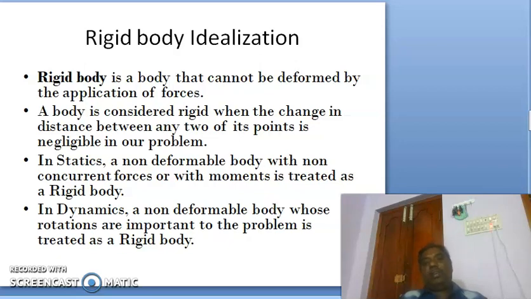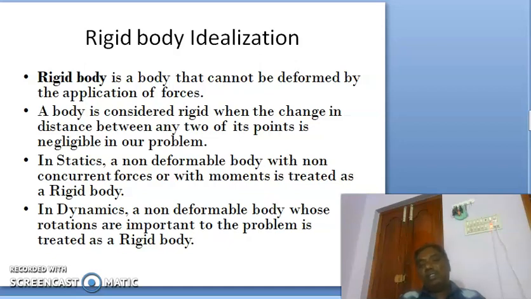Originally, a rigid body is a body that cannot be deformed by the application of forces. That is what we consider absolute rigidity, that a body cannot be deformed at all, whatever may be the force.